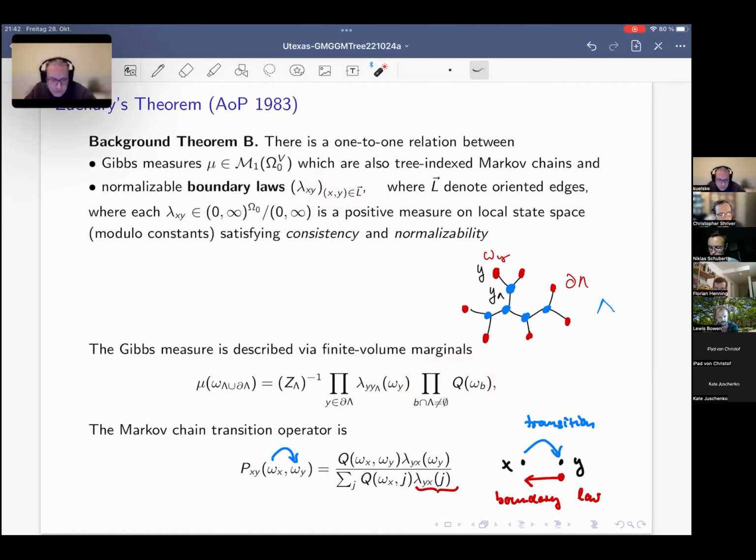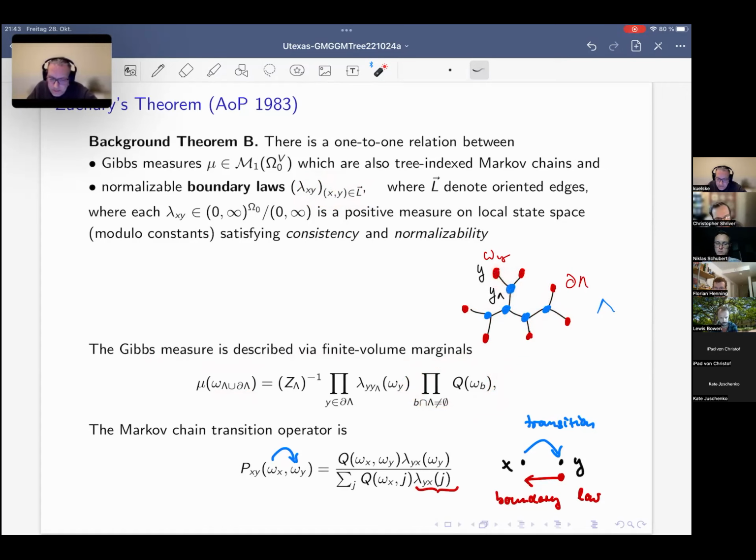And so if you're interested in the mu, the finite volume marginal on a Lambda together with the outer boundary, what you have to do, everywhere you have a bond b, you take a product, and then you also have to modify things with the so-called boundary law. And the boundary law, for the oriented edge, has a foot point and a target point, yes?